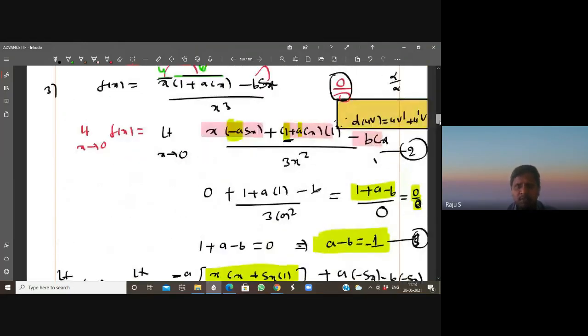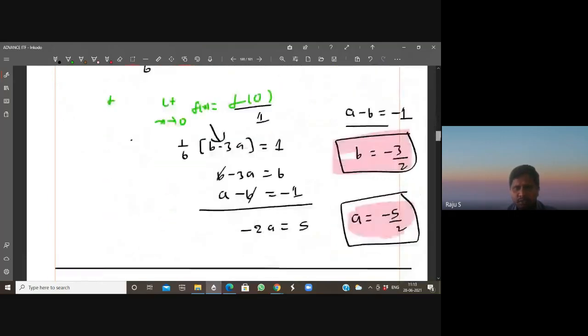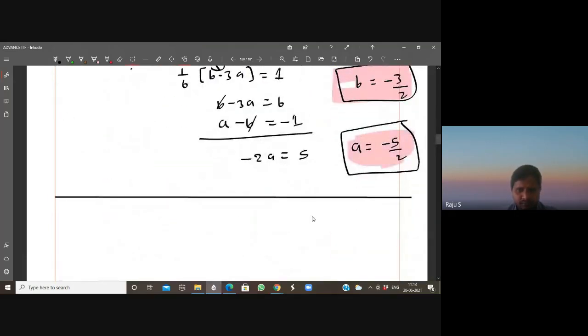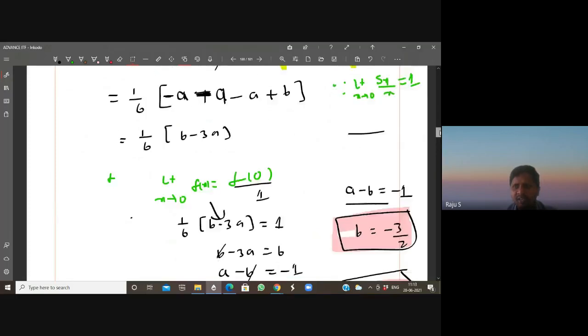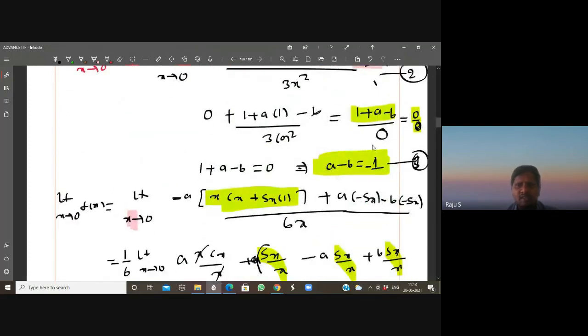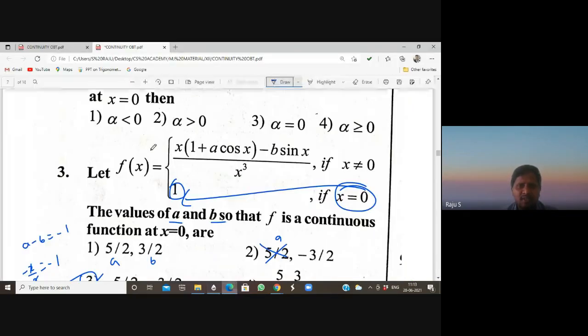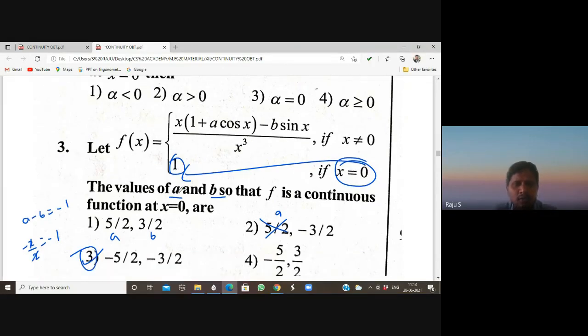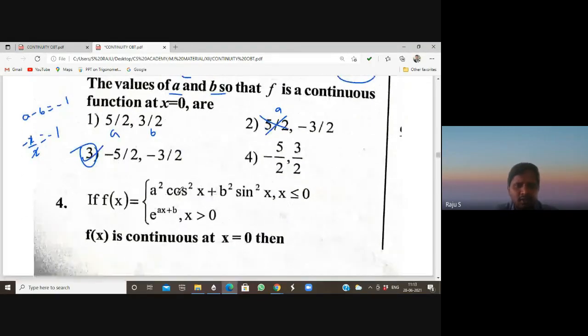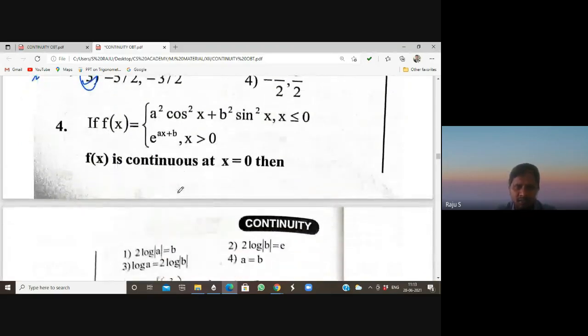This is the only method to do like this, right? After getting the first equation itself, it is enough in this question, because in the following options only third option is satisfying that equation. You can stop there. No need to continue that. Third option is correct.